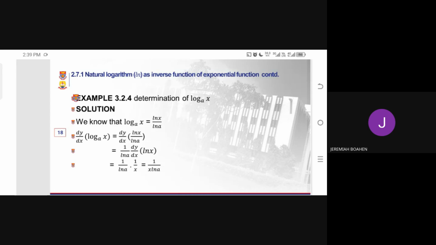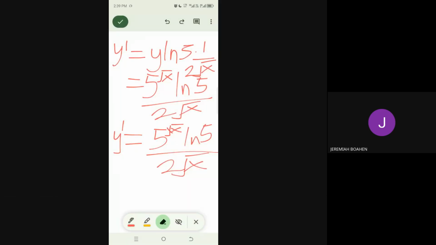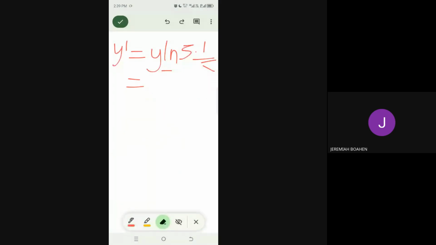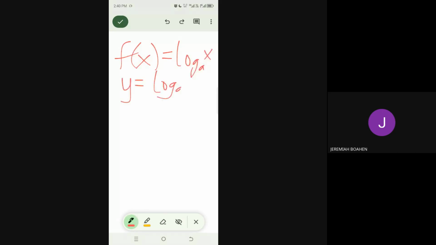So let's note that. Or you can solve it another way. Let me help you solve it another way. There's another way you can solve it. I pray it is correct. So let's say they are saying f of x is equal to log base a of x.